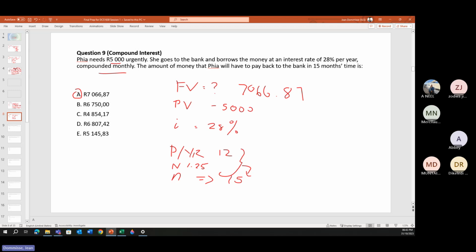Okay, so let's quickly check. If we didn't say 12 times per year, but we kept it as the default one time per year, there is also an answer for you.